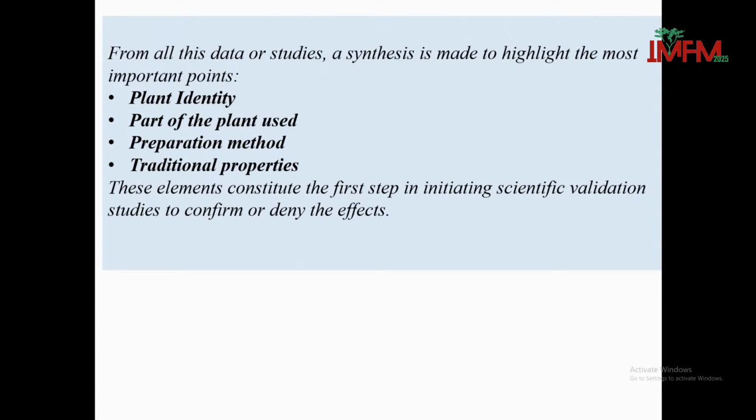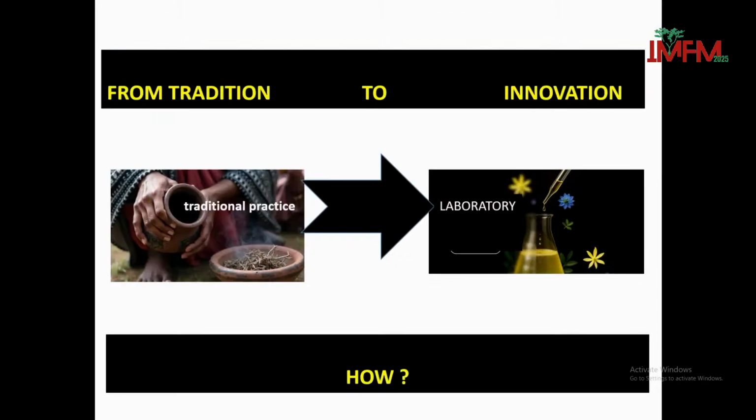In summary, we have to describe plant identity, part of the plant used, preparation method, and traditional properties. This summary can give some opportunity to move from traditional use to laboratory experiment.